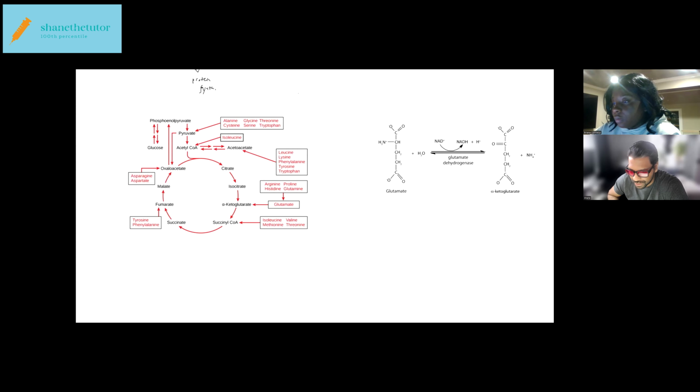An example could be asparagine, which when deaminated can be converted into oxaloacetate or aspartate, because those have, I believe, four carbons as their chain, right?